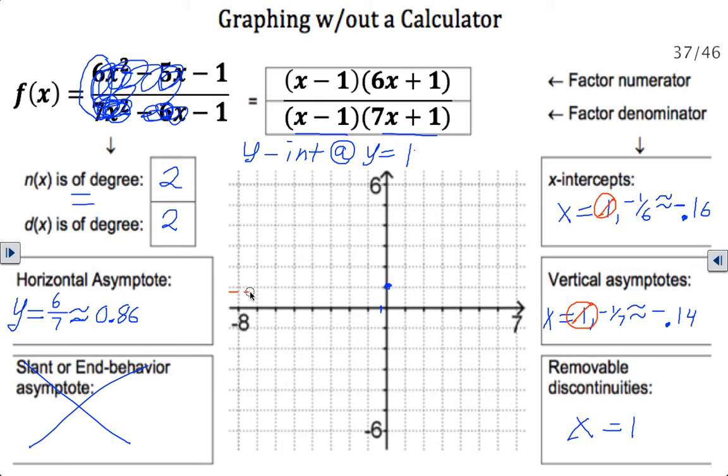At positive 0.86 is our horizontal asymptote, and our vertical asymptote is at negative 0.14. So it's really tight right here. We've got a lot of stuff going on really close to the x-axis.